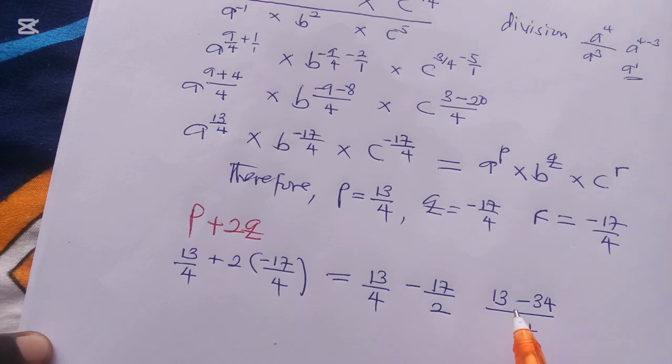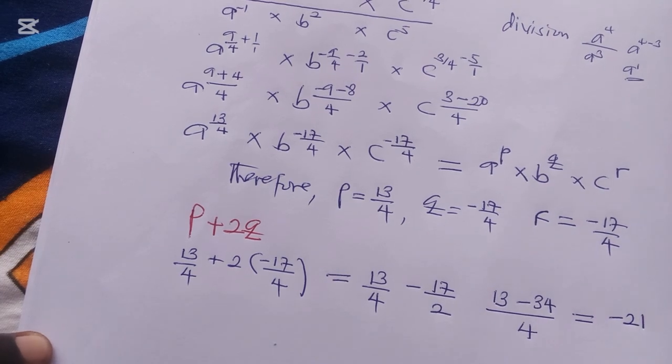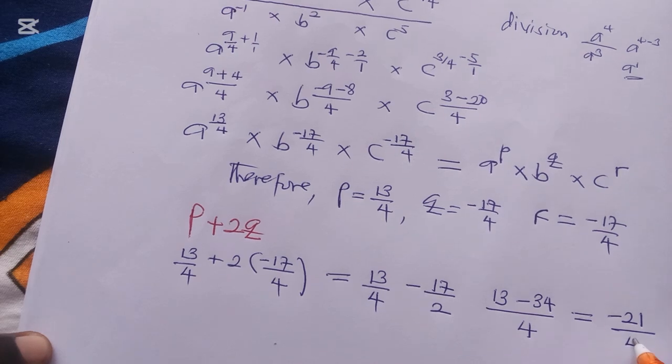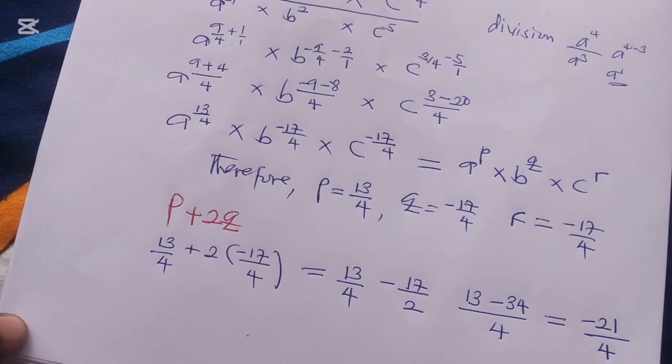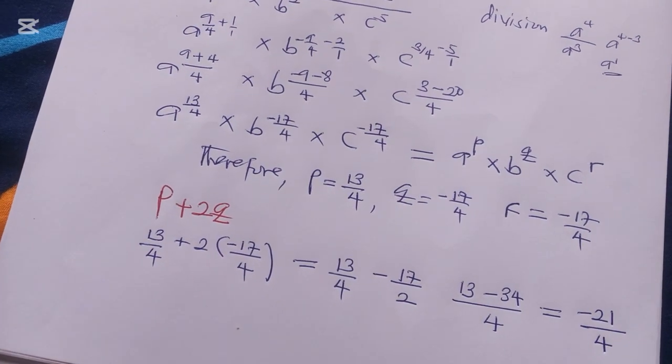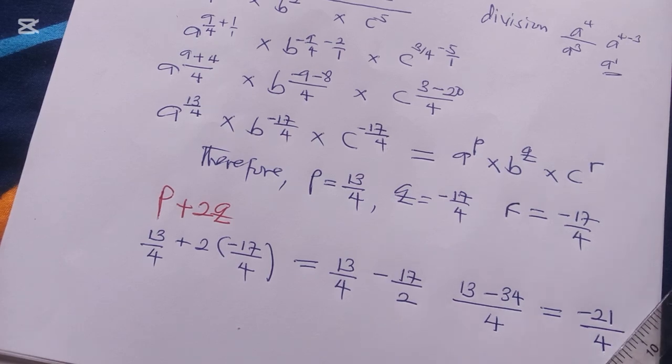Okay, now 13 minus 34 giving you minus 21 divided by 4. So it means the value of p plus 2q becomes minus 21 divided by 4.